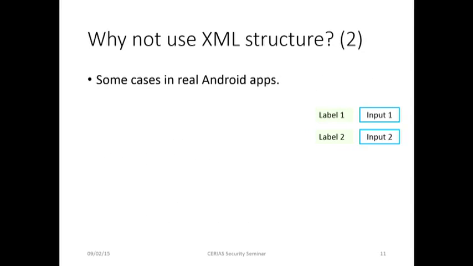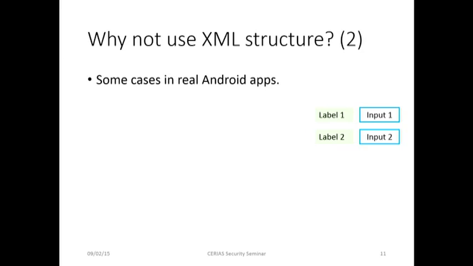And we also see some rare cases in Android apps where they define the UIs by column instead of by row. For example, for this table-like UI, usually we define it by row. That means in the XML file, input 1 is close to label 1, and input 2 is close to label 2.